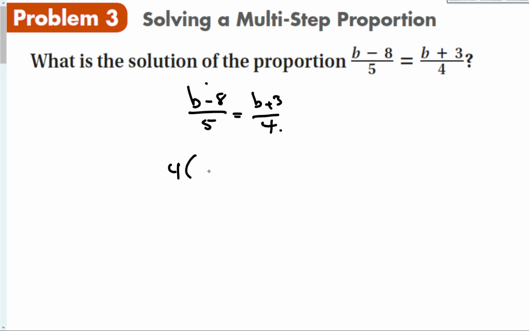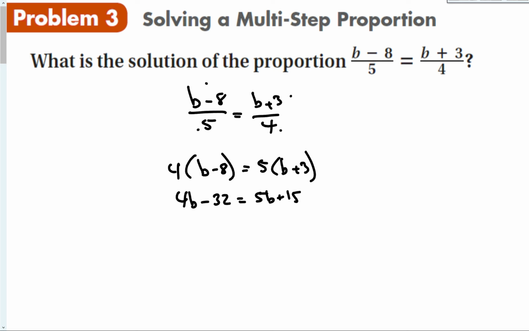So that's going to be 4 times b minus 8 equals these two multiplied together, so that's 5 times b plus 3. Okay, now distribute. So that's 4b minus 32 is equal to 5b plus 15.